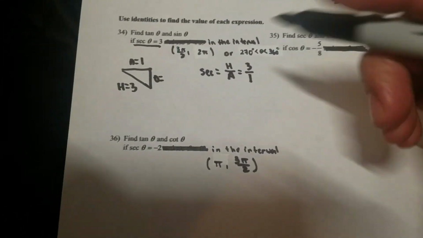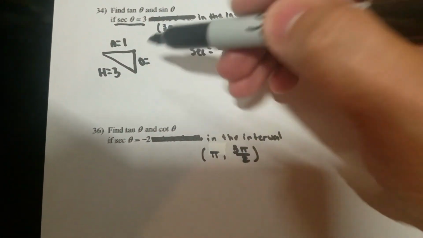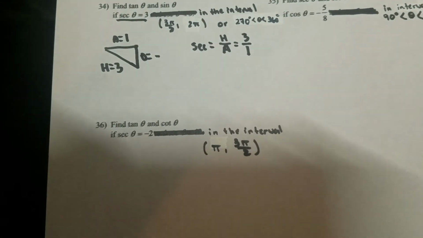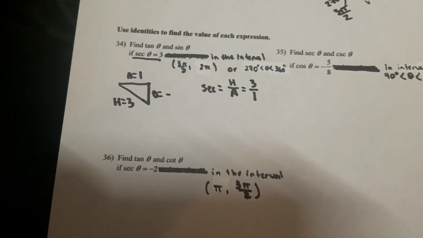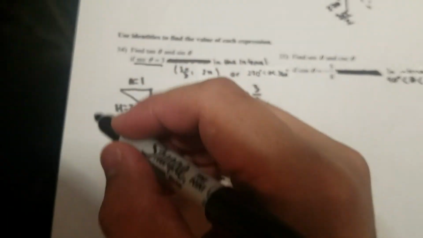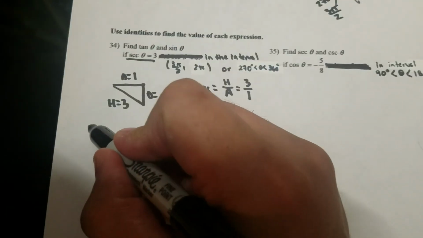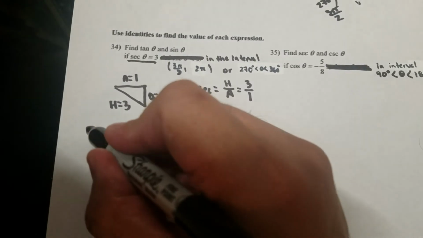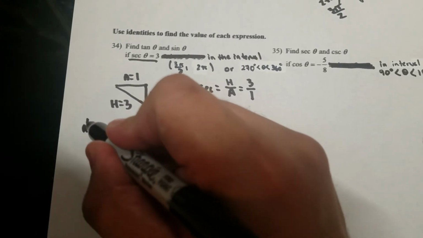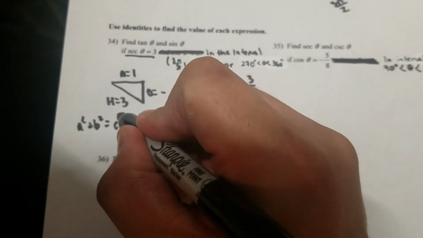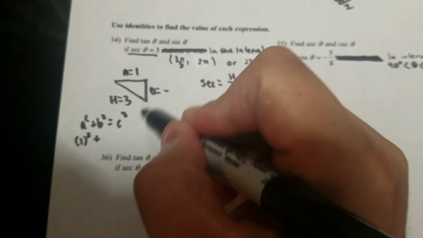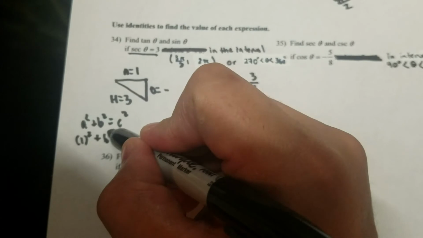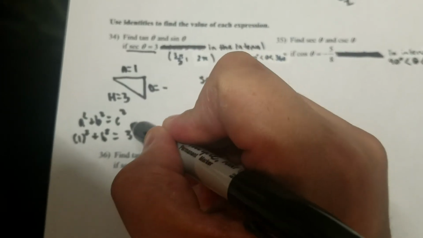And my o, I'm going to find it. And I know because it's going down, it is negative. It can be a negative number. So we'll find it using the Pythagorean theorem. This is the hypotenuse, so a squared plus b squared equals c squared, where a is, we'll say 1 squared, b is o, which I don't know, so b squared equals 3 squared.